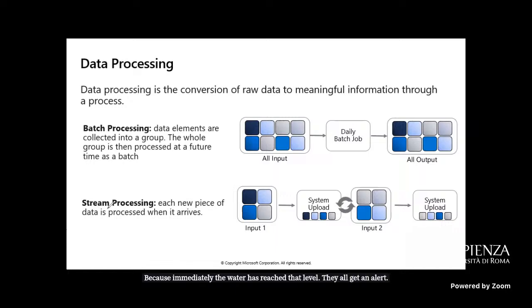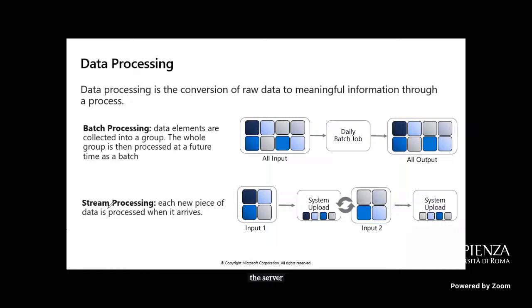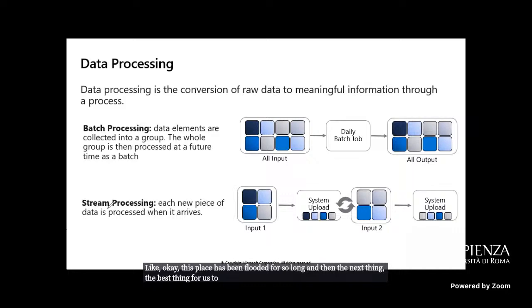But town planning will take all that data. You understand? Because the sensor is not going to be in one place, it is going to be in every place. And then all the data they've gotten, they will now use for planning purposes. Like, okay, this place has been flooded for so long, and the best thing for us to do is probably to open up these water canals that have been built over, so that we can allow water passage.